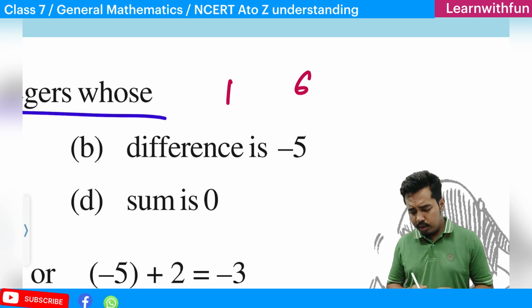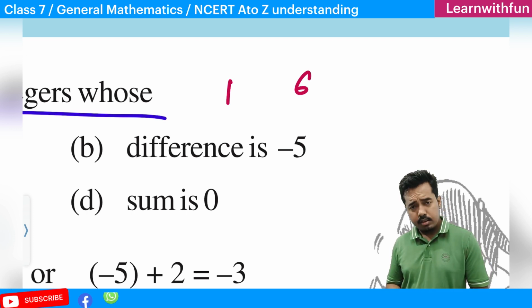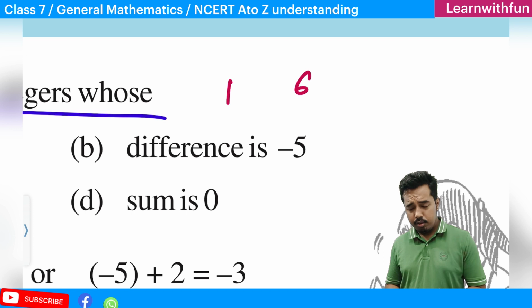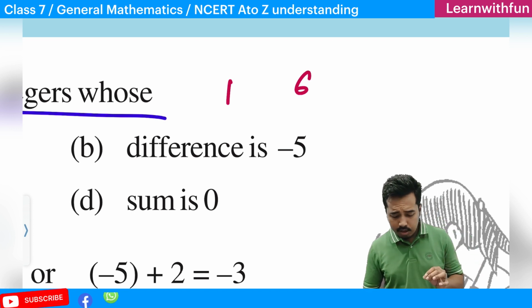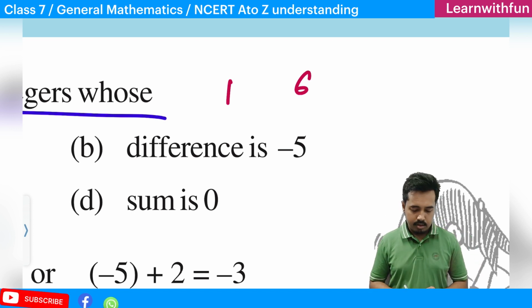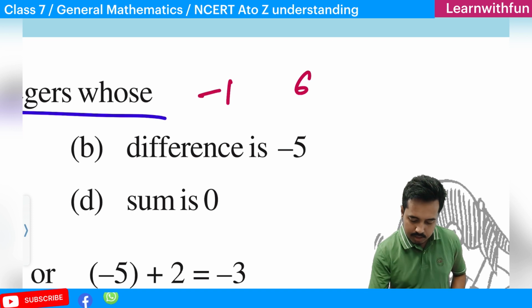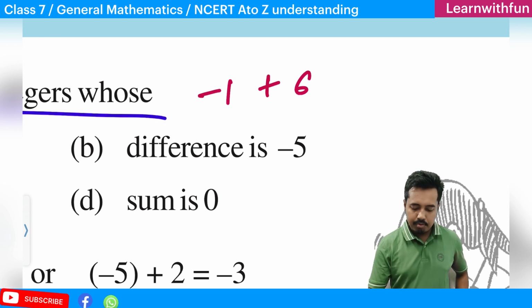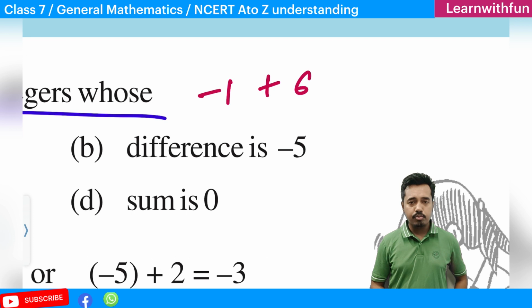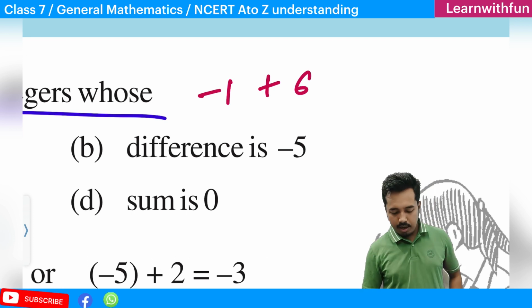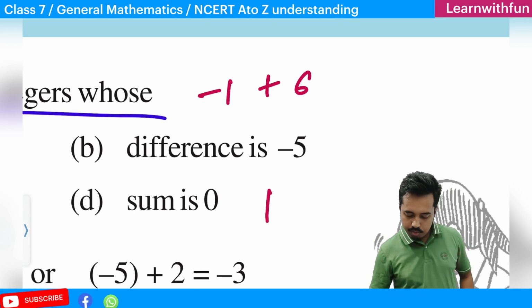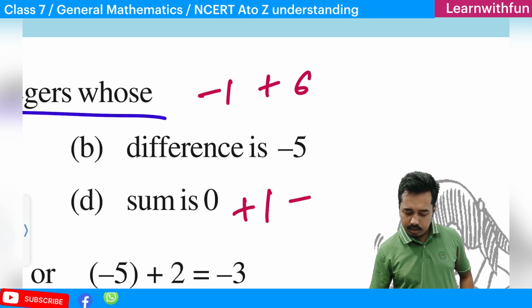After that you can come to the case minus 5. You can take the minus sign, but how will you get minus 5? Can we put a minus sign before 1 and a plus sign before 6? No. What you will have to do, you'll have to take a plus sign before 1 and a minus sign before 6.